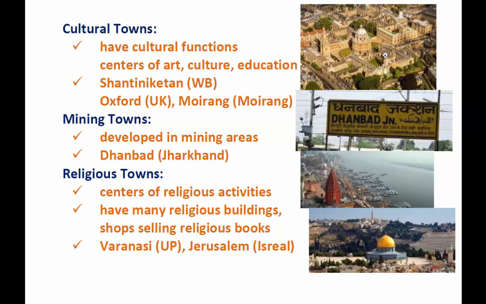It's a cultural town. Even in Manipur, we have Moirang. When you go to Moirang, they have a cultural heritage of Netaji Subhash Chandra Bose, as well as Thoibi, Khamba, whatever it may be. So these are cultural towns.